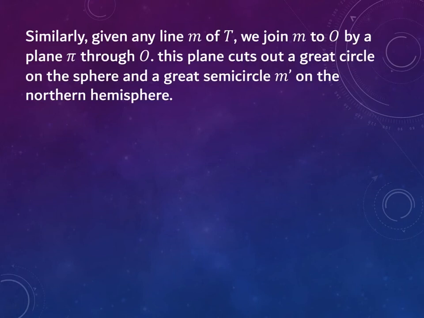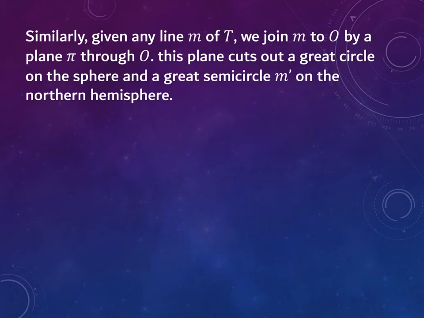So let's talk about what happens to lines then. Well, similarly, any line in our plane, if we join the line to the center O, it will create a plane. Right? Imagine you've got something that's one-dimensional in the plane, and then you join it to something in the sphere, so you're going to have a two-dimensional object, a plane.